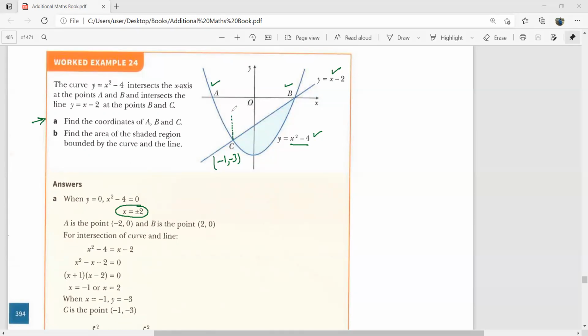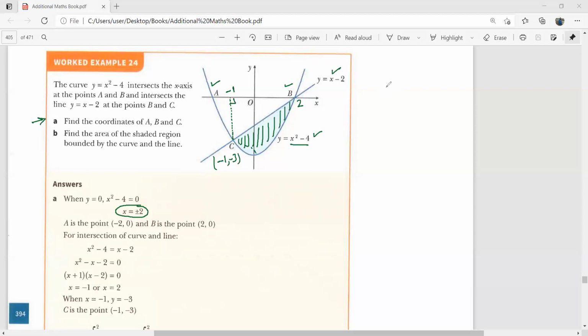If I draw an ordinate here, so I have this -1, and I have 2 over here. I have this -1 and this 2, and I have to find all this area. Now you have to look at this. Obviously the area between this curve and the x-axis is much more than the area between this line and the x-axis.